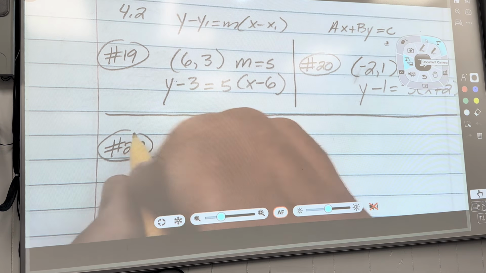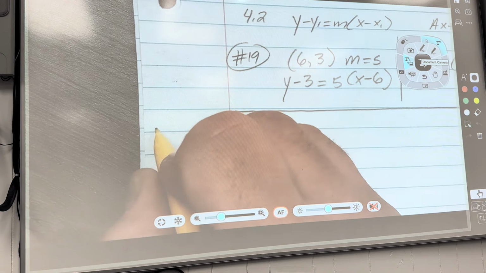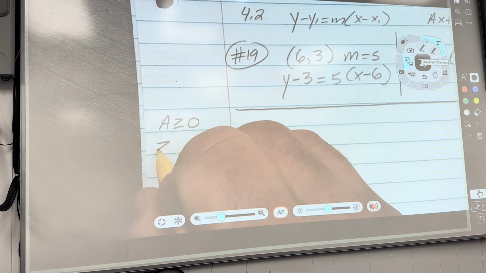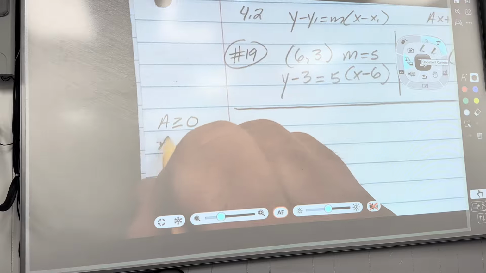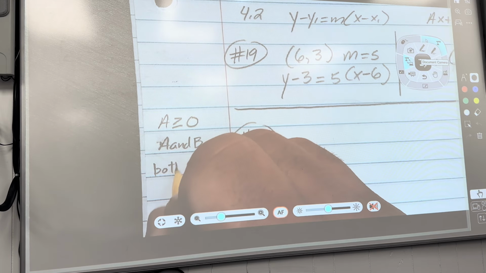The rules for standard form. A must be greater than or equal to 0. A and B both are not 0.